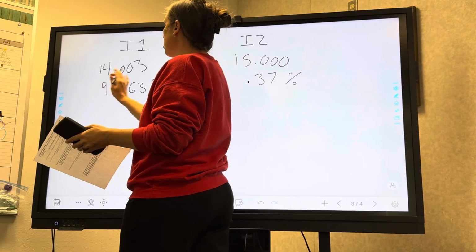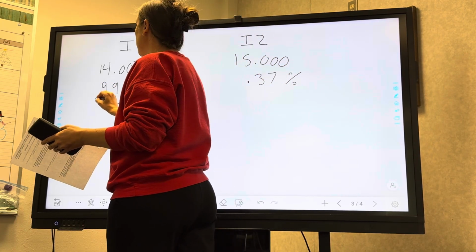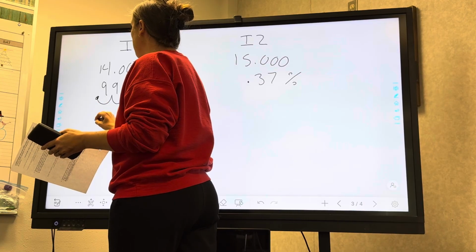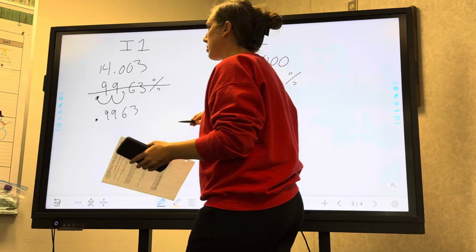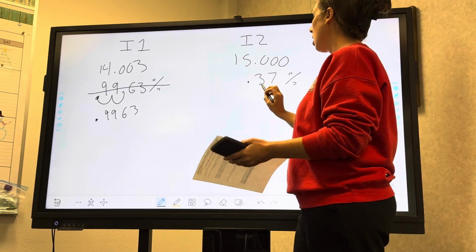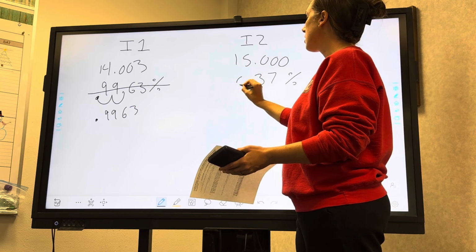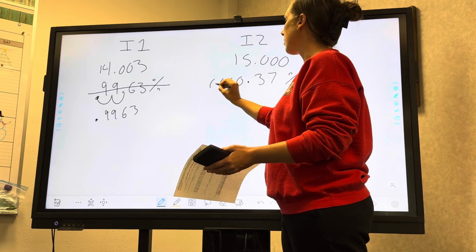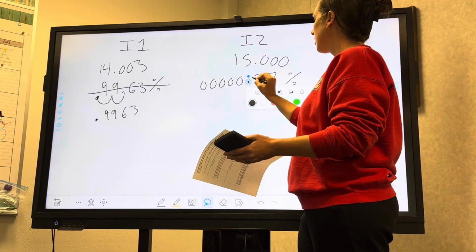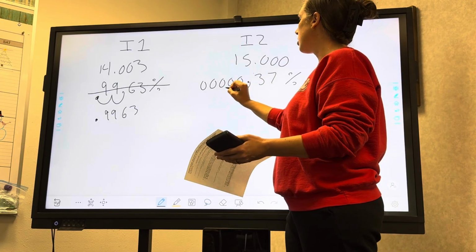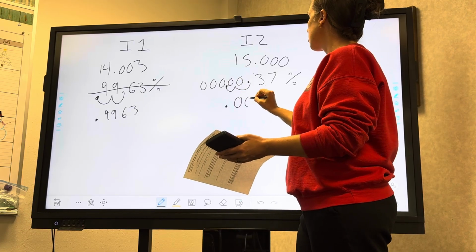First thing I have to do is change this percentage into a decimal. So I move it over 1, 2. So my new decimal is 0.9963. Over here, what do I do? Remember, in front of a decimal there's an infinite number of zeros. So if I need to move it over 2, 1, 2, so now it's 0.0037.